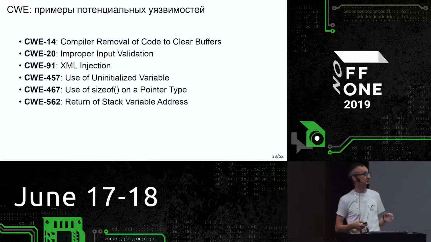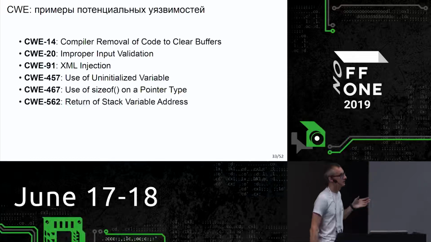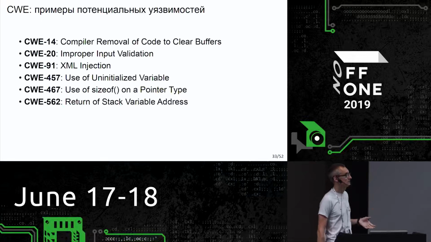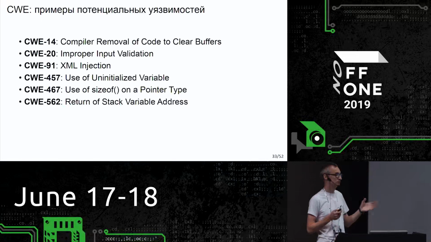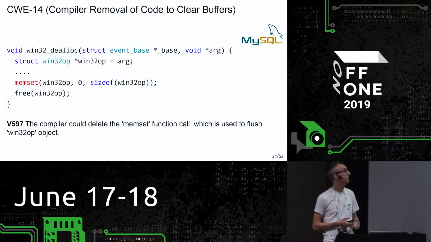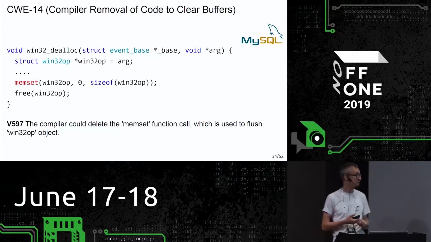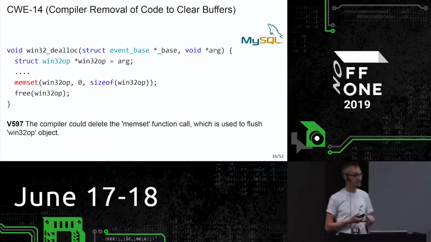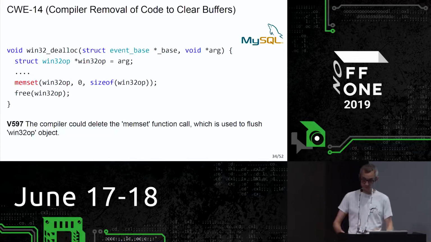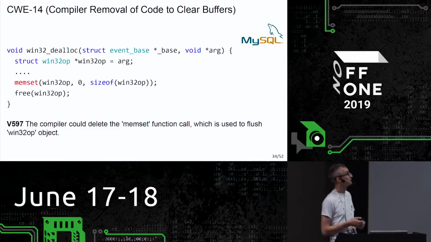Some examples: the compiler can remove some code or optimize something, unchecked data usage, non-initialized variables usage, and so on. So here is a MySQL example, quite a well-known one. It's a real error. We see the analyzer saying we have V597, and the compiler can optimize it. Yes, the compiler really has the task of making your code optimal. So in the release, it will remove that memset because this Win32 op is not used.